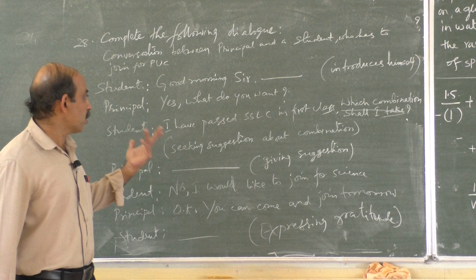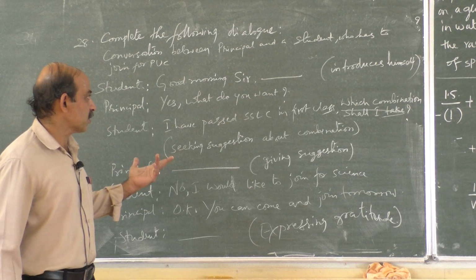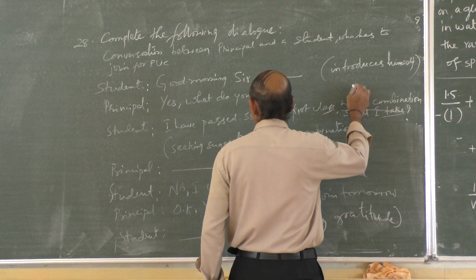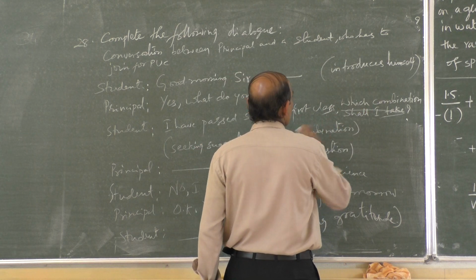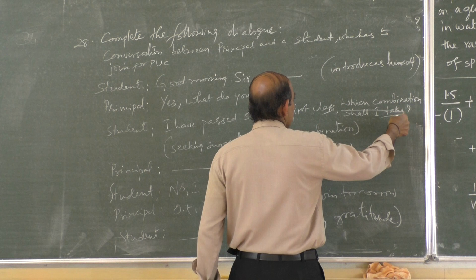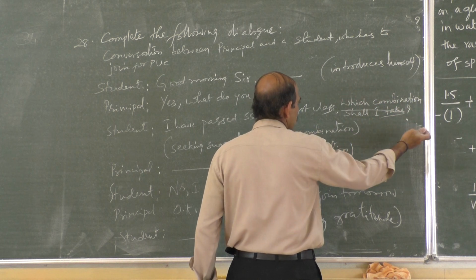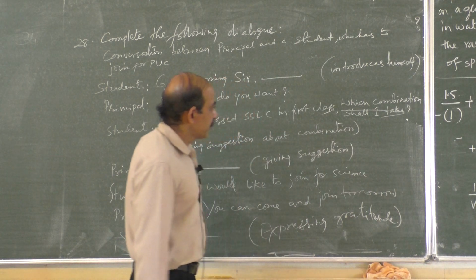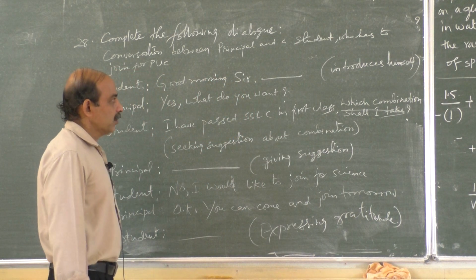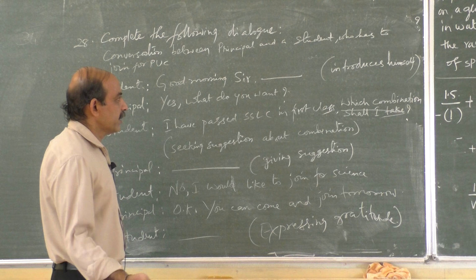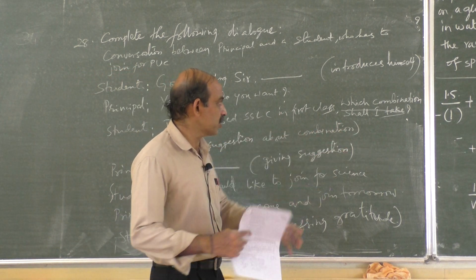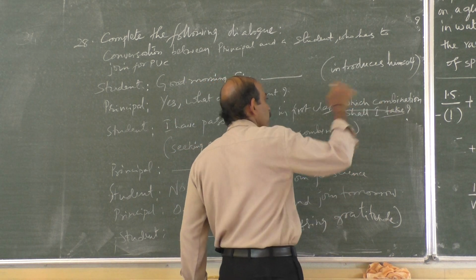Or you may write, I have passed SSLC in first class, I want to know the different combinations in your college, seeking suggestion, and which one is best, but it becomes long. I want to know the different combinations available in your college and which combination shall I take or choose, opt, etc. But this is very simple: which combination shall I take. So here a question framing is required.